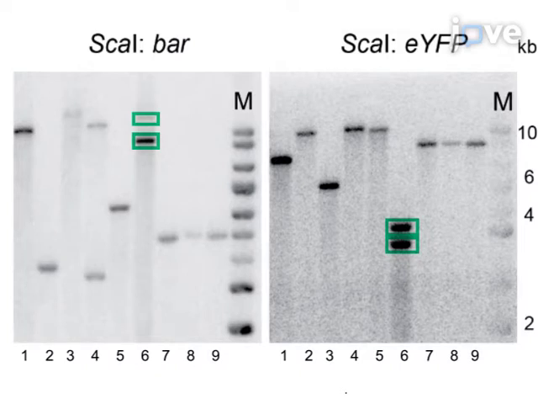Lane 6 displays 2 fragments with BAR and EYFP. One fragment has a weak intensity with the BAR probe. The other fragment has a high intensity, indicating 2 tDNA insertions, one of which is truncated.